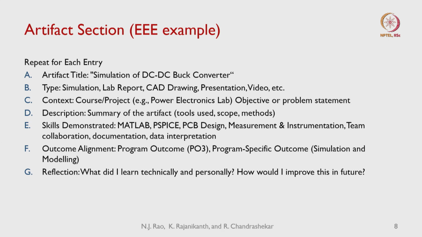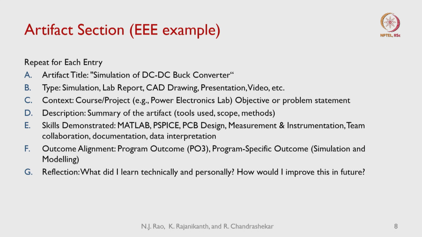Outcome alignment, this is in today's context, engineering programs in India have 11 program outcomes. You can say outcome alignment means this activity aligns with the PO3 program outcome or program specific outcome, which is simulation and modeling. Okay.